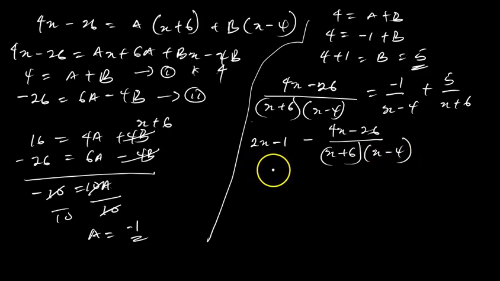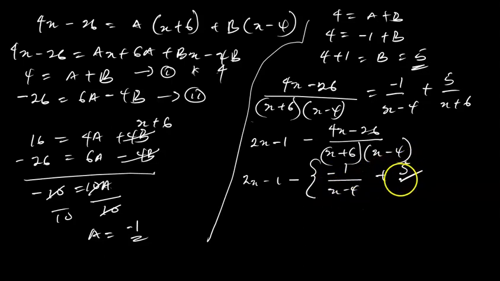Here you have to be careful with how you play around with the negative signs and the positive signs. Now let's play around with them so that this becomes 2x minus 1 minus into minus 1 over x minus 4 plus 5 over x plus 6.